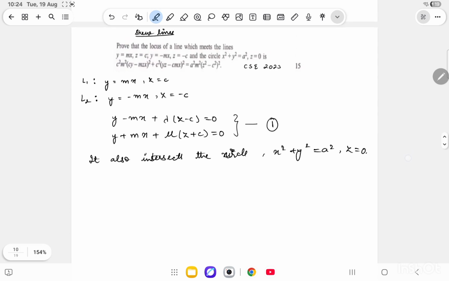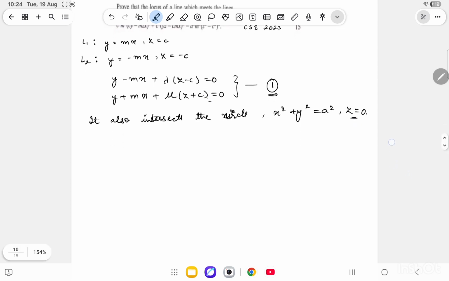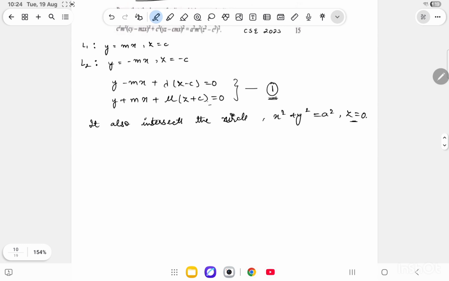So if the variable line meets this line and the circle, then we can substitute z equals 0 in this variable line to see if we can find any relation.